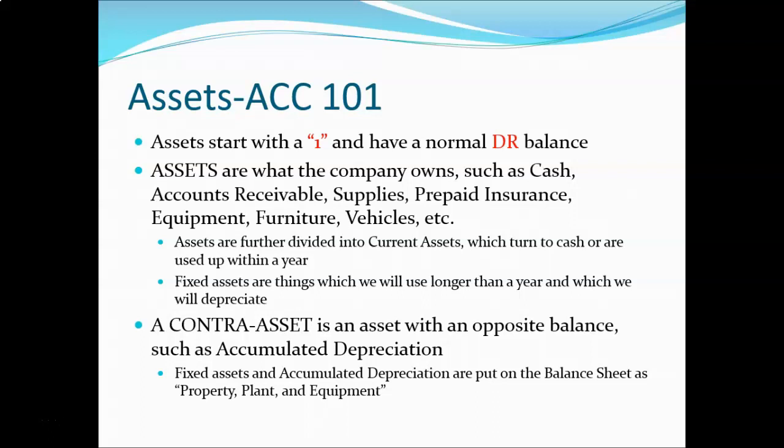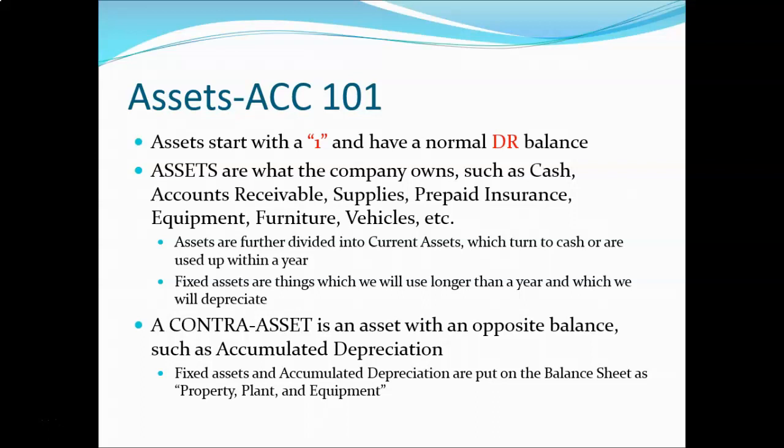Assets are further divided into current assets or various kinds of long-term assets. Current assets are those that are either going to turn to cash or be used up within a year. That's going to include cash, which is already cash. Accounts receivable, usually the customers are going to pay us off within 30 days, so that's less than a year.